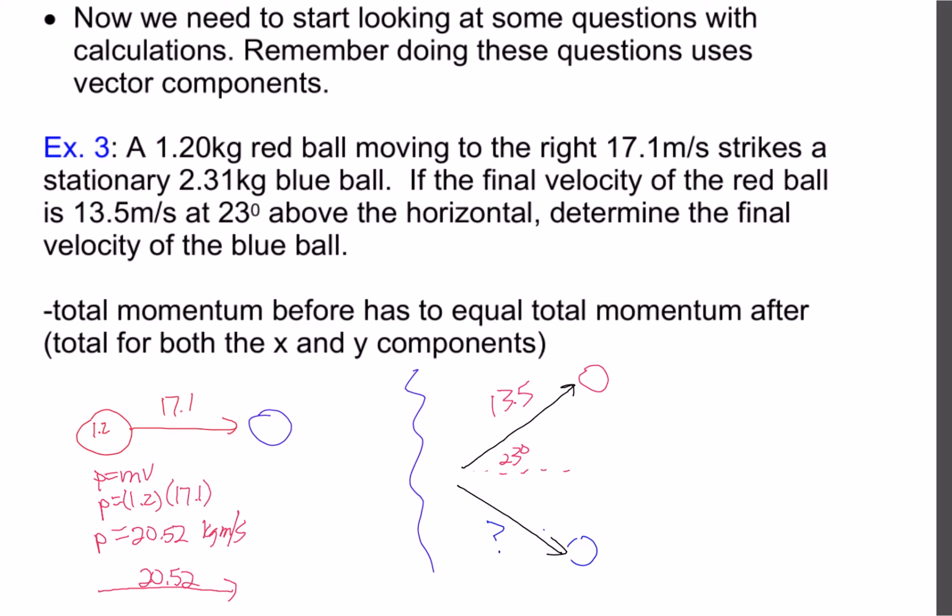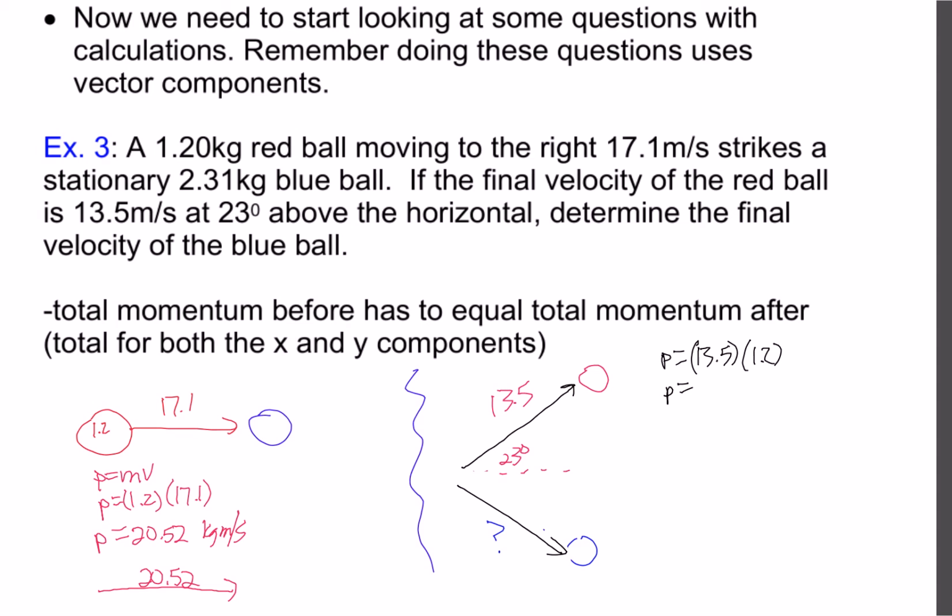Now we know the momentum of the red ball after that was given to us. It was a speed of 13.5, and it's still 1.2 kilograms. So we can calculate its momentum: mass times velocity, 13.5 times 1.2, which gives us an answer of 16.2.